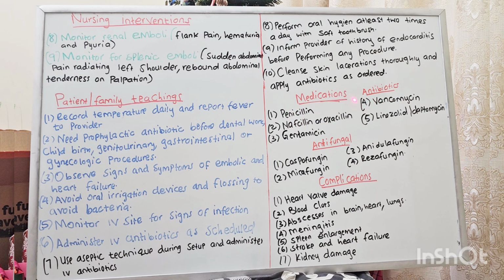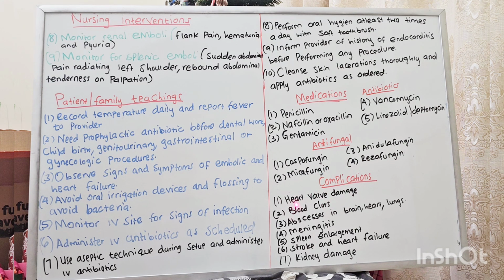Depending on the cause, if it's bacterial or fungal, some of the antibiotics that can be used for bacterial infection are penicillin, nafcillin or oxacillin, gentamicin, vancomycin, linezolid or daptomycin. And some of the antifungals for fungi are caspofungin, micafungin, anidulafungin, rezafungin.